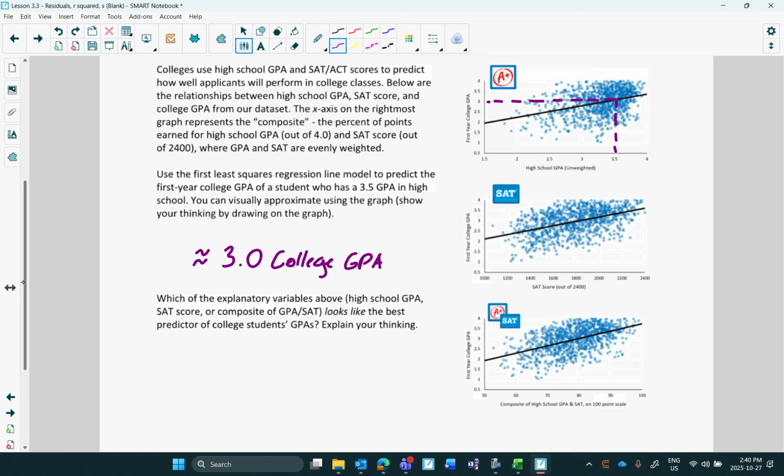What do you think is happening in high school that's causing this? Why is it that there are so much fewer lower high school GPAs than higher ones? What's happening in schools? Zara? Schools are grading... There you go, grade inflation.